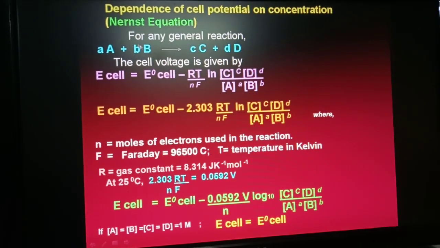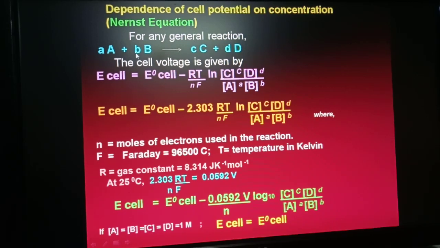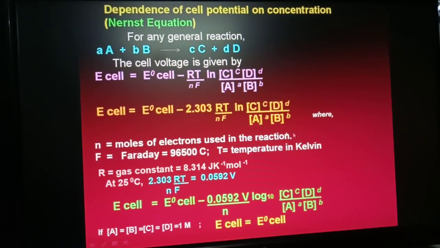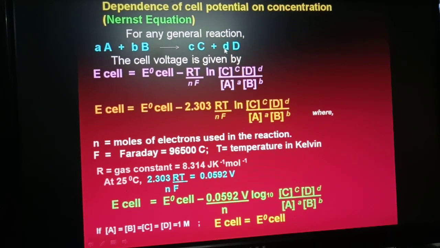Capital A and capital B are the reactants, and small a and small b are activities or molar concentrations of those reactants. Capital C and capital D are the products obtained, and their molar concentrations or activities are indicated with small c and small d.